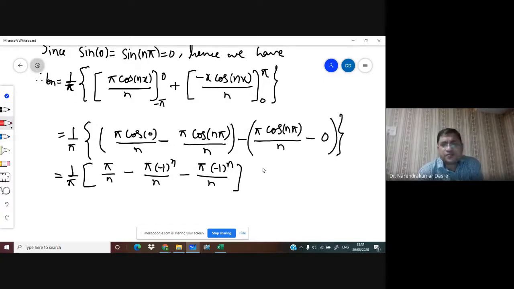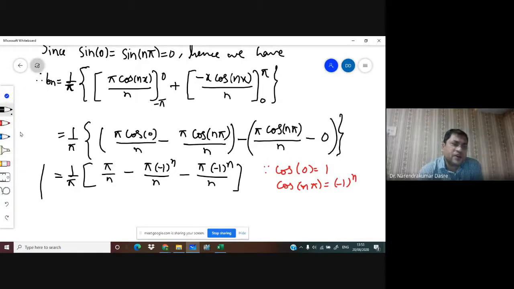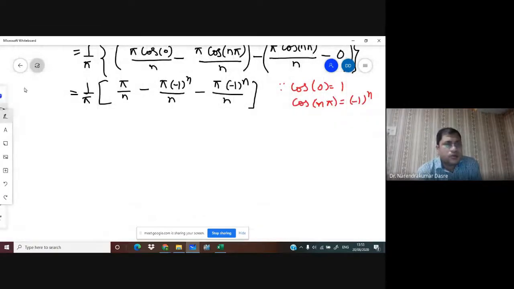So what we know is, since cos of 0 is equal to 1 and cos of n pi is equal to minus 1 raised to n, now simplify this. So this is our Bn.